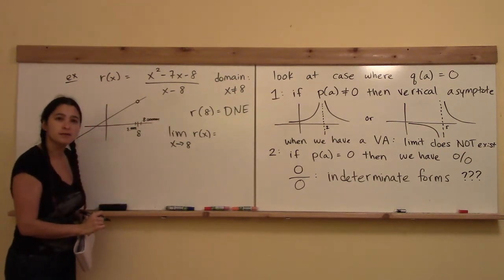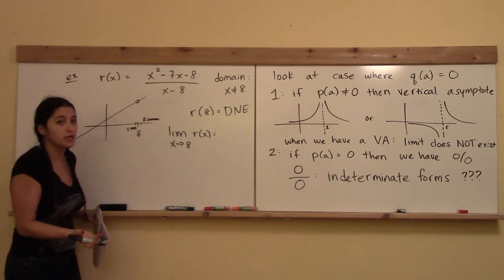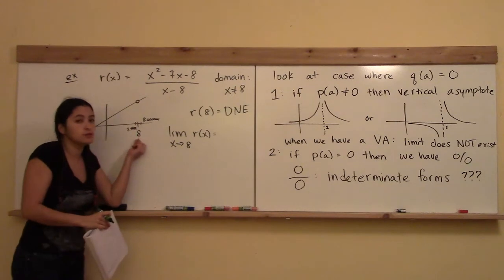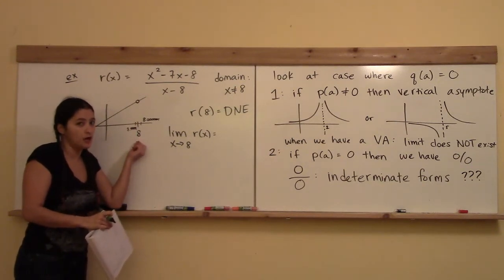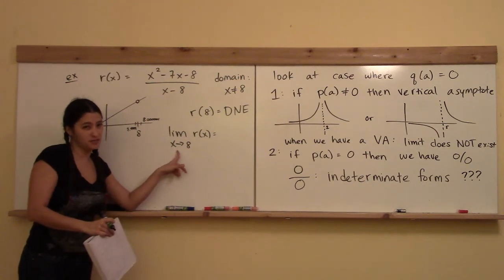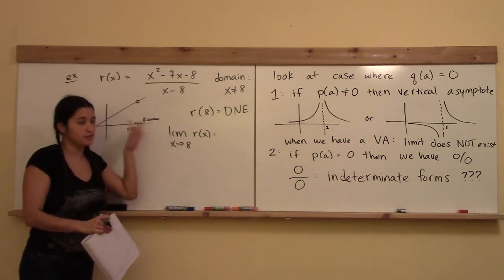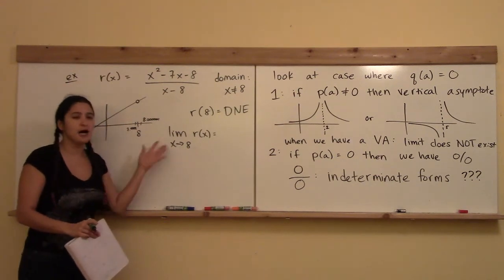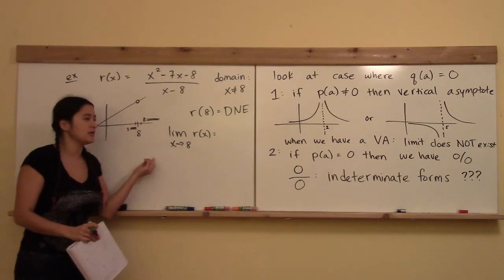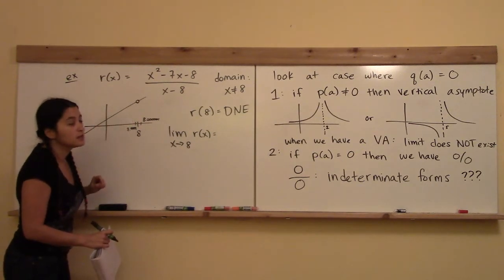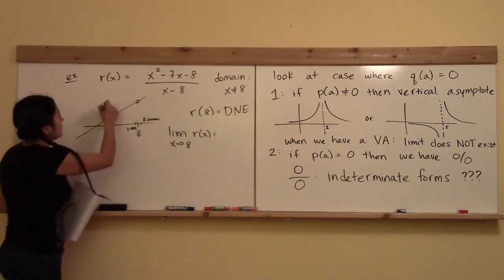Is that in the domain? Yeah, it's not equal to 8, right? So all the numbers that are super, super close to 8 but not equal to 8 are in the domain, which tells me that I might actually have an answer for this limit. If I do have an answer, the answer will be, how is the output of the function behaving when I'm very, very close to but not equal to 8? Okay, see if you can guess that now.